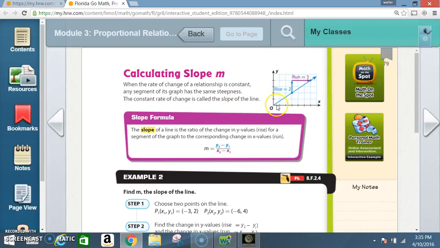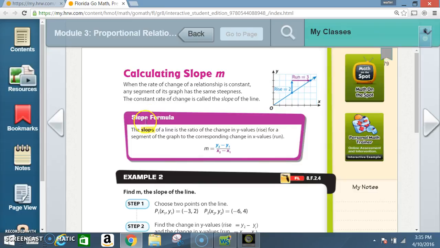What that means is if you have a straight line, no matter what segment on the line you pick, it will have the same slope or the same rate of change. Slope is computed by taking the rise, that's the Y values, divided by the run, that's the X values.